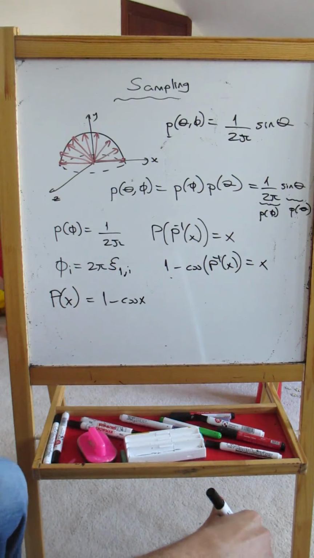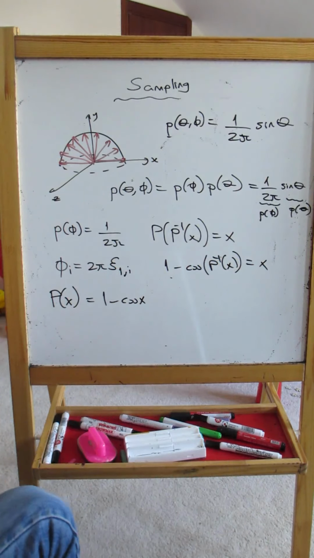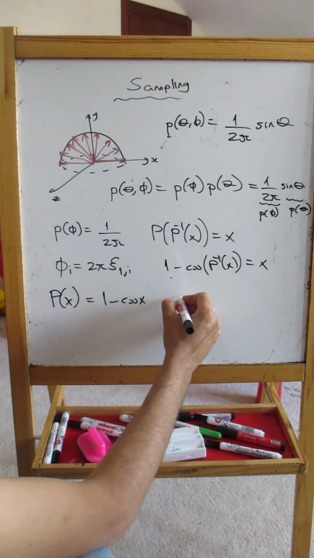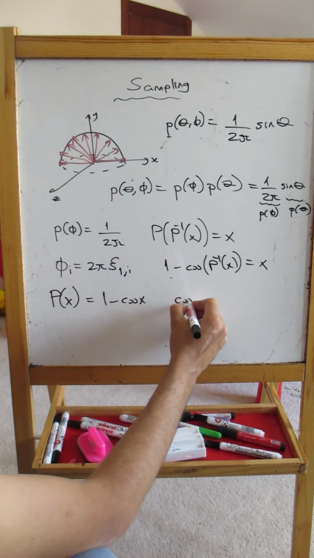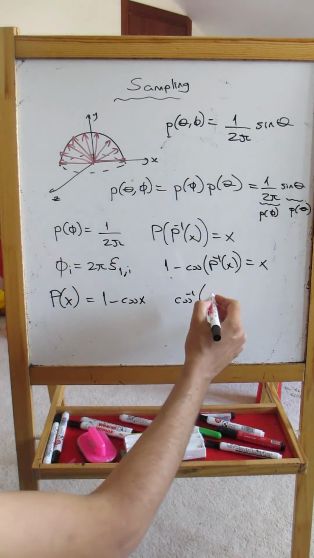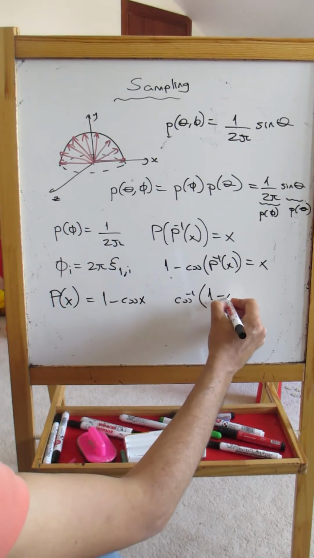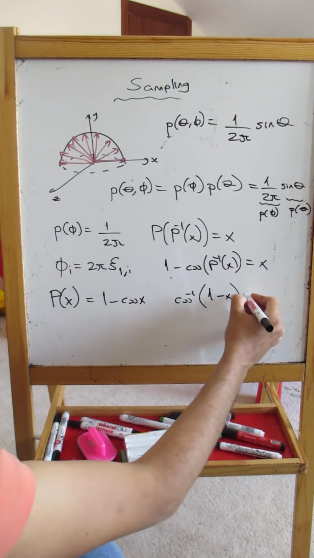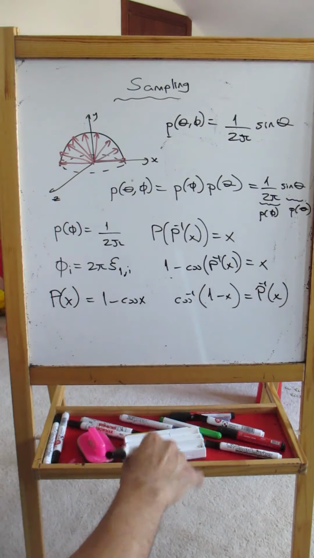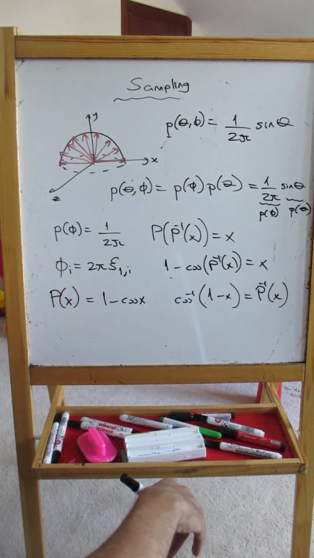Okay, and from here we can see that the inverse, arc cosine of 1 minus x, is equal to the inverse of the CDF.